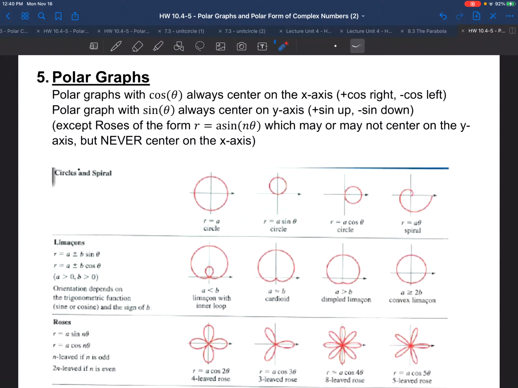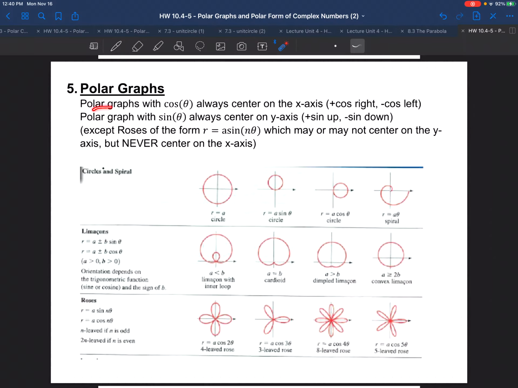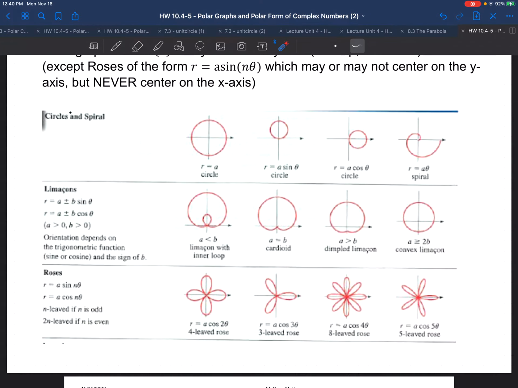And we're down here with the roses. But first, notice up here, polar graphs with cosine. Well, let's first just start with the basic roses. So what are roses? These shapes, basically you could have sine or cosine. If n is an odd number, then you have n leaves. If it's even, you have double that.